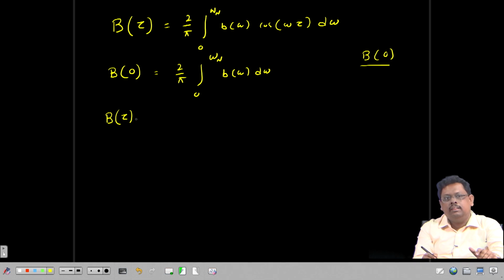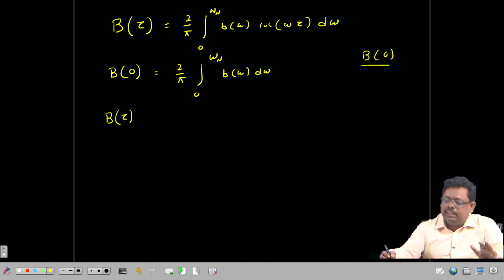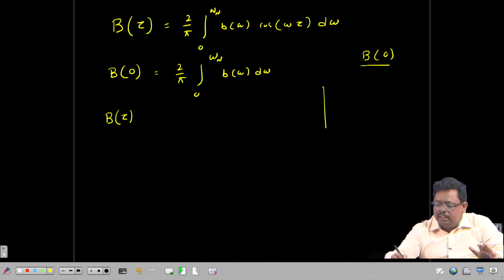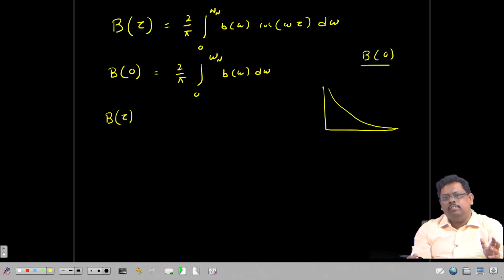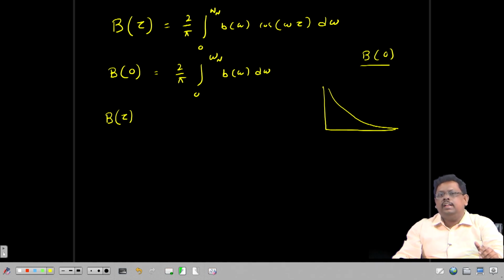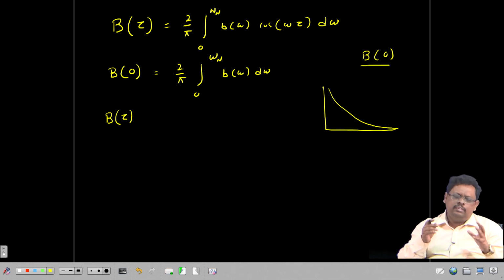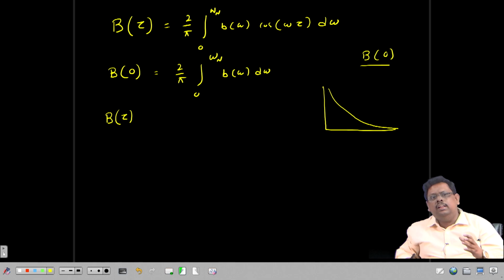Here we have understood one thing, that b tau definitely goes to 0 at some value of tau, but what that value is we only get through experience.